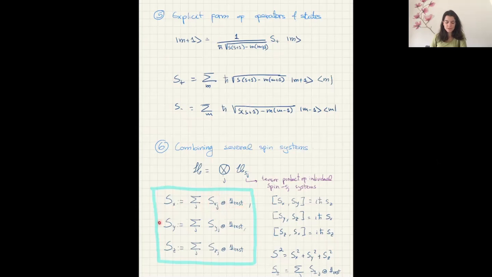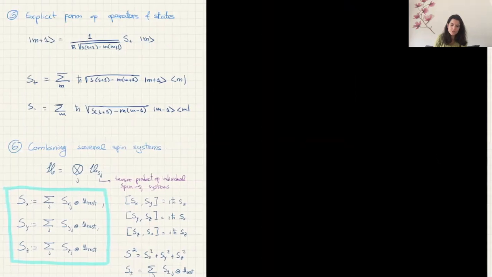And similarly for Y and Z. And I think we saw this last time, at least in a simple example, that they satisfy the right commutation relations, right? So these are the operators on the global space. This means that we are in a spin situation, so the global space is also a spin space. So this means that we can define the total spin, and we can define the ladder operators, just like before. Good.